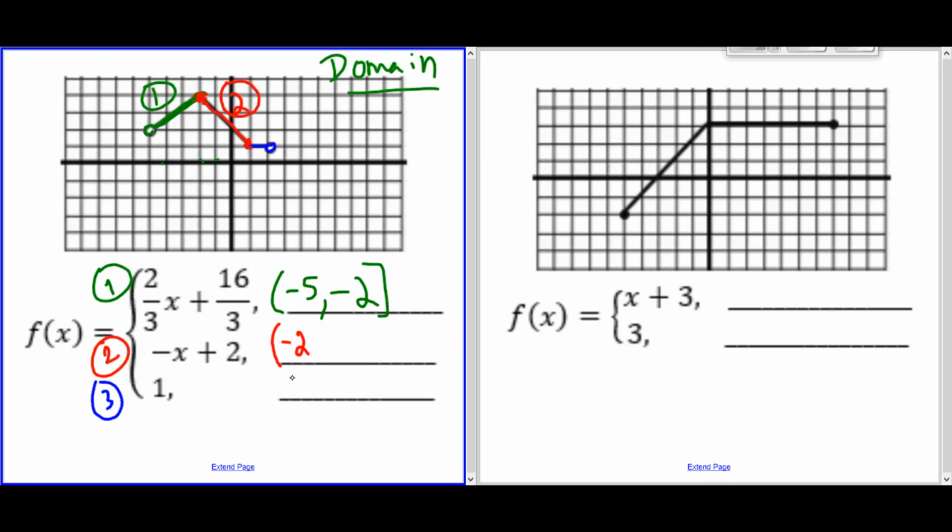It wouldn't technically be wrong if you put a bracket there, but notationally, we're going to want to put a parenthesis because we already included it with the first function. But it doesn't really matter. I guess you could put the bracket. It's not a big deal. So you could put a bracket there if you want. And then that will go as far right as +1. And then the blue little piece is going to go from 1 all the way to 2, and that's going to be a parenthesis.